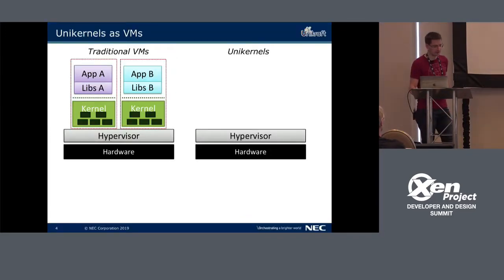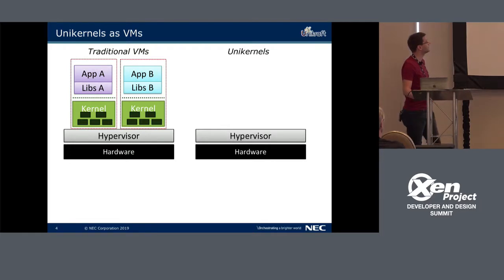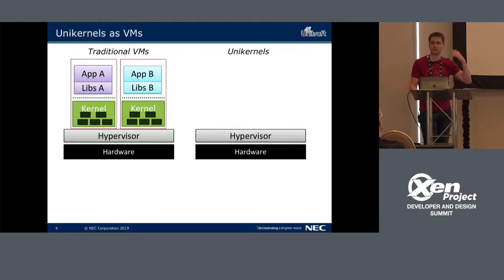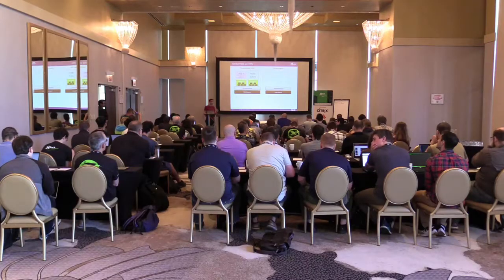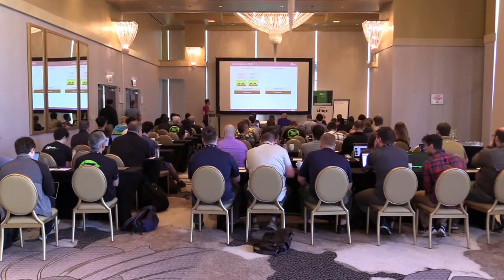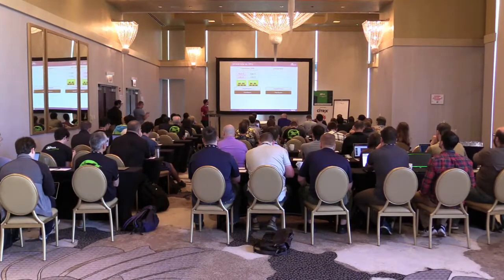A unikernel, as we understand, is a specialized system. Let's take this picture. On the left side, you have a traditional VM where, let's say, standard cloud deployment, you have roughly 1 application running per VM because of isolation reasons, a general purpose kernel underneath.